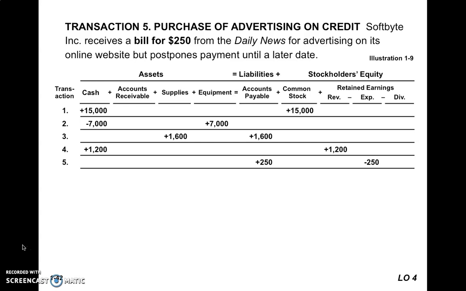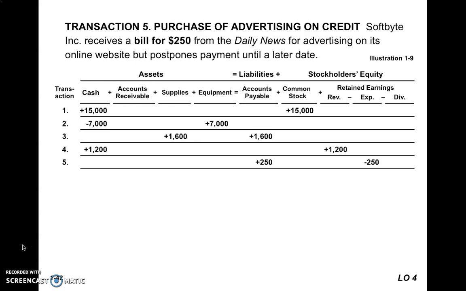Now, you wonder, why do we have to record this transaction even though we haven't paid cash? You need to go and review the two methods of recording transactions. One is cash basis, and the other one is accrual basis accounting.